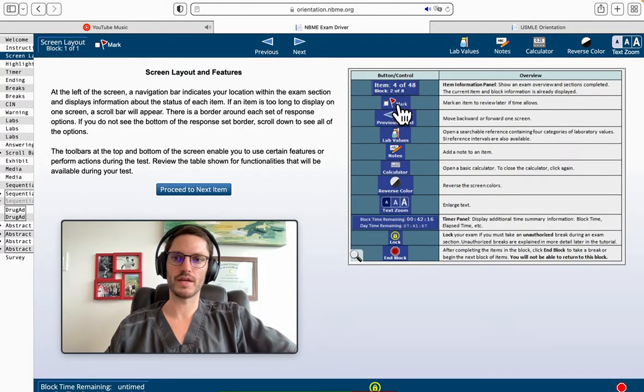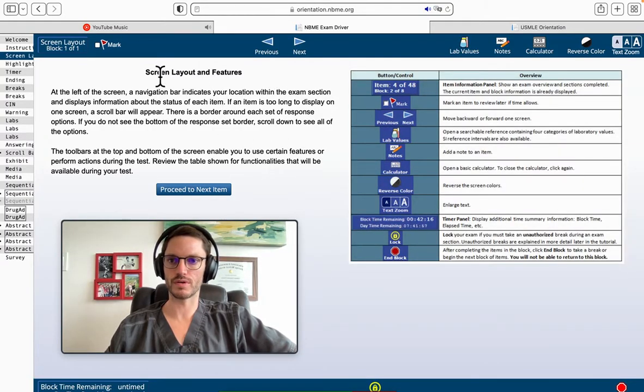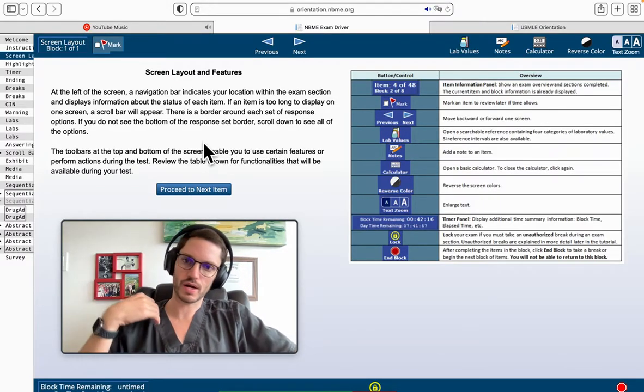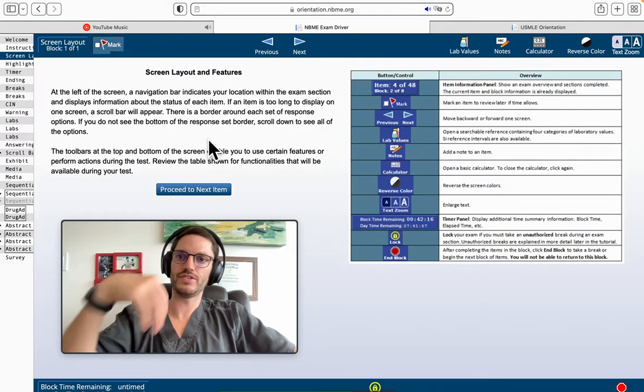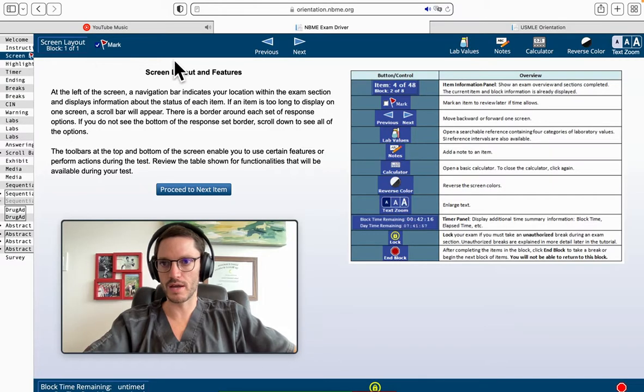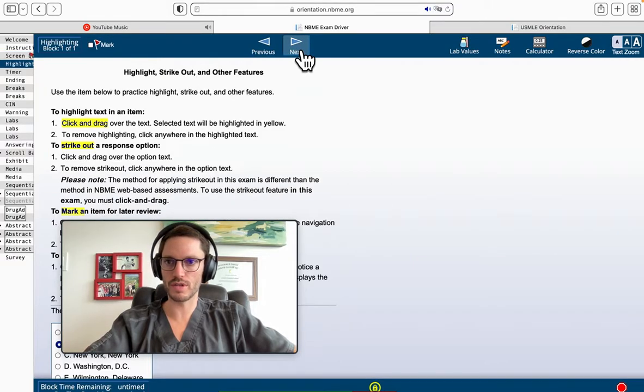This mark button is very, very useful. What I would recommend doing with the mark button is, when you have a question that is tough, choose the one you think is the best choice, but don't waste too much time on it. Just mark the question and move on to the next question.